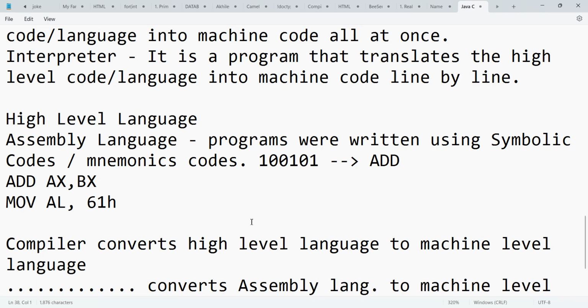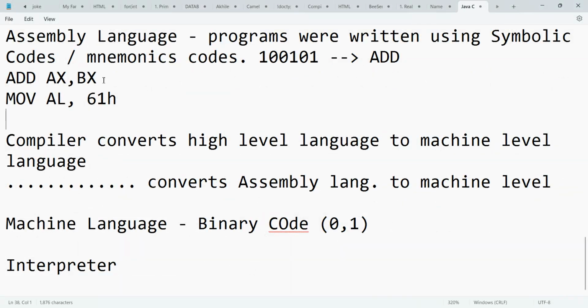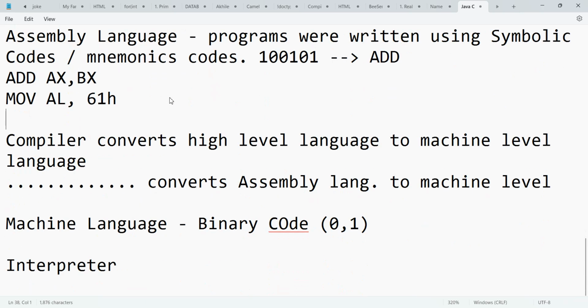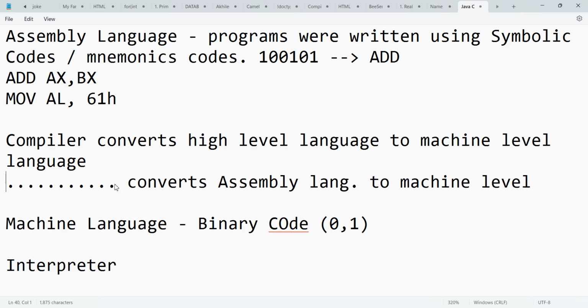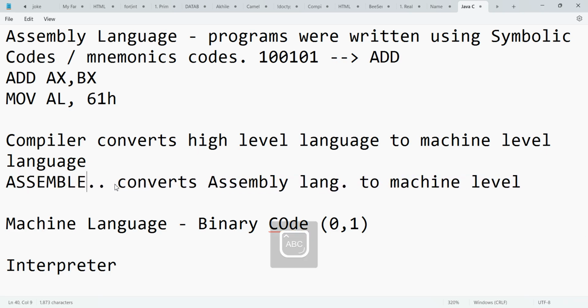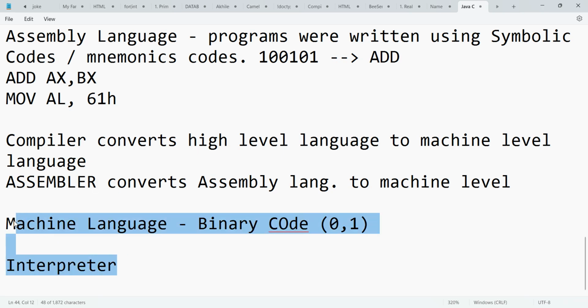See, just look at this. High level language, assembly language. Okay. So what converts assembly language to machine language? This is assembler. Assembler converts assembly language to machine level language.